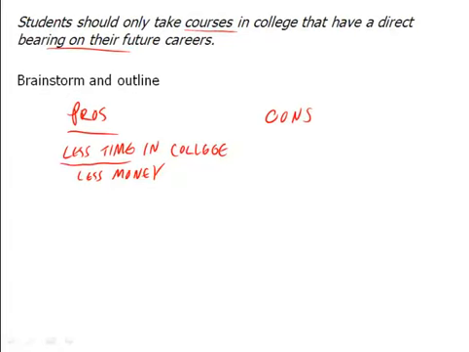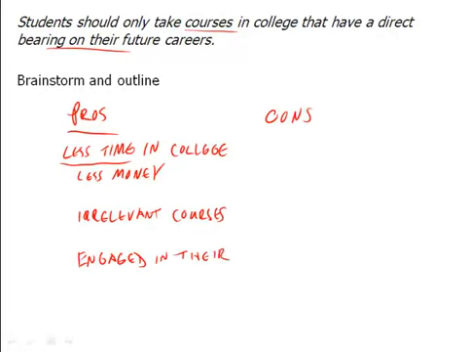Well, in addition to saving a lot of money and not feeling like they're taking irrelevant courses just for credits or units or what have you, they're actually out in the working field and they're engaged in their profession, not the person, but engaged in their profession.